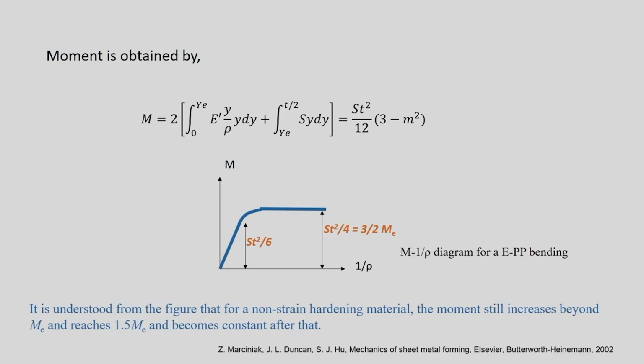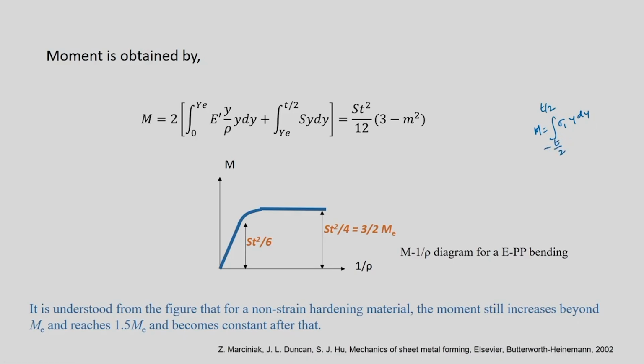Now the moment, the general equation, is M equal to the integral from minus T by 2 to T by 2 of sigma 1 y dy.